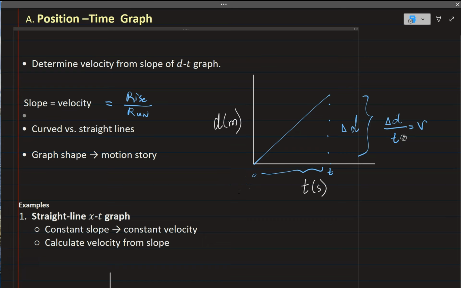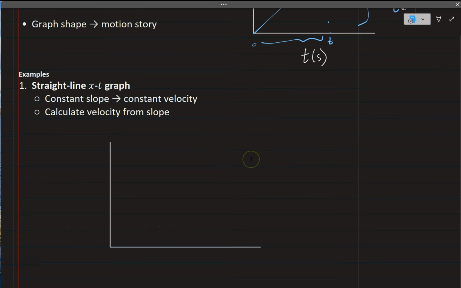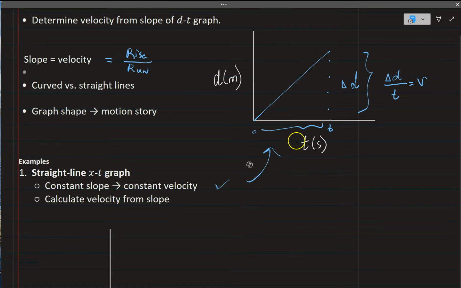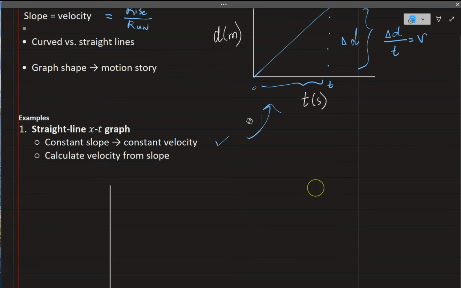The shape of that graph is telling you if it is constant velocity or changing velocity. Remember, curvature means that it is not constant velocity. Whenever you're dealing with constant velocity, you just calculate the slope at any given moment, and then you will find the answer.